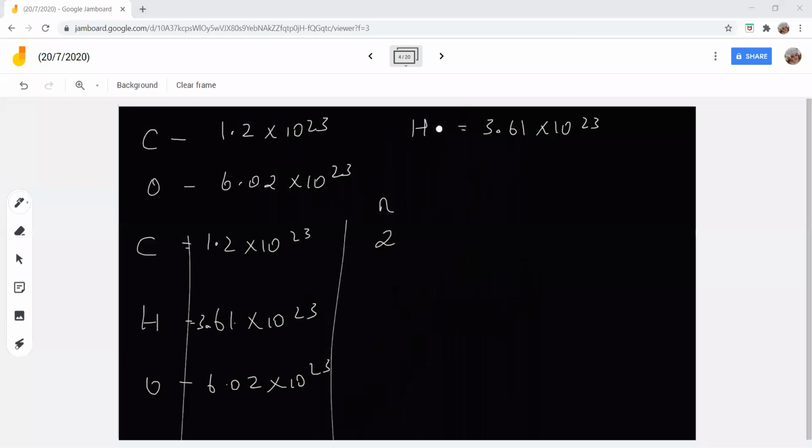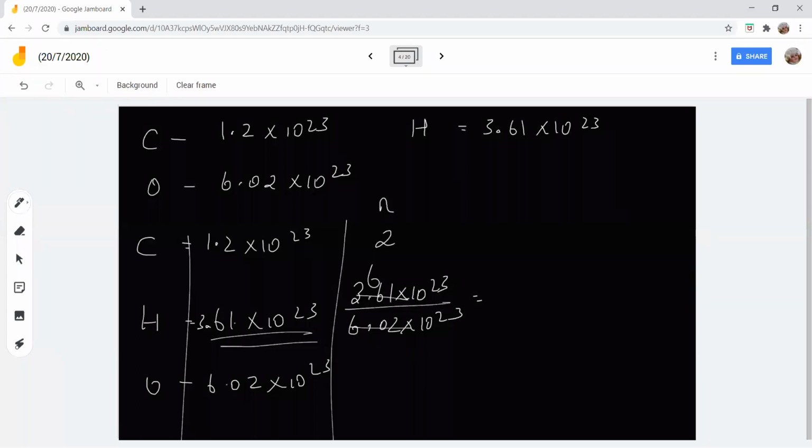Understood? Then coming to hydrogen, you have 3.61 into 10 power 23 hydrogen, correct? So 3.61 into 10 power 23 divided by 6.02 into 10 power 23 will give you the number of moles, correct? I think it is approximately 6 times. So the answer here is 6. Then 6.02 into 10 to the power of 23 they have given for oxygen.